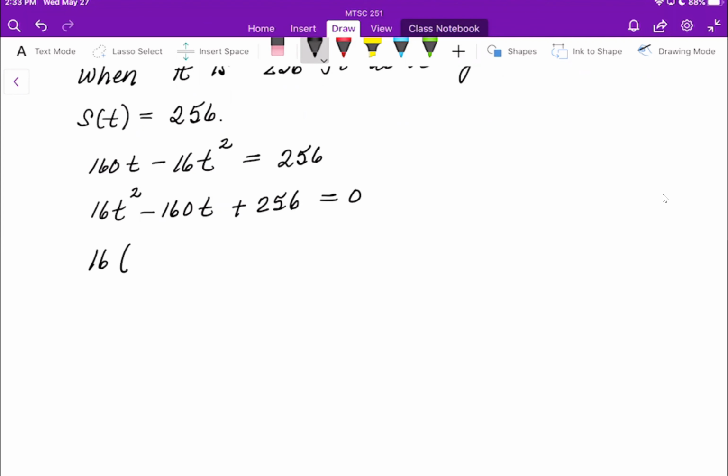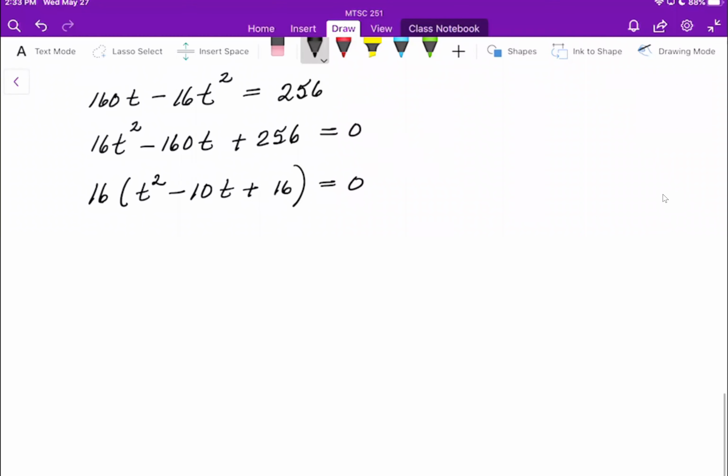That leaves us t squared minus 10t plus 16 is equal to 0. And this factors: t minus 2 times t minus 8 is equal to 0. So the ball is exactly 256 feet high when t is 2, that's on its way up, and t is 8, that's on its way down.